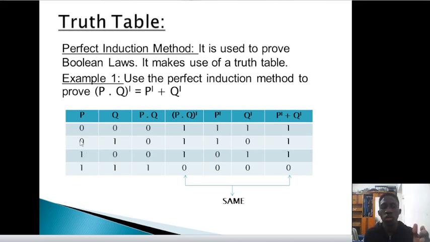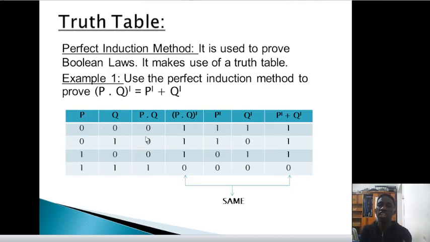So 0, 0, 1, 1. The first half is all zeros, the second half is all ones. For Q, the first quarter is 0, the second quarter is 1, the third quarter is 0, the fourth quarter is 1. It's a sequence, 0, 1, 0, 1. And you have the set of all possible outcomes here.